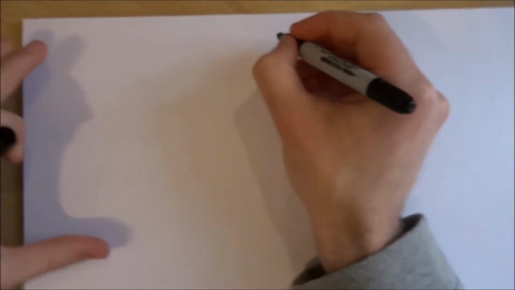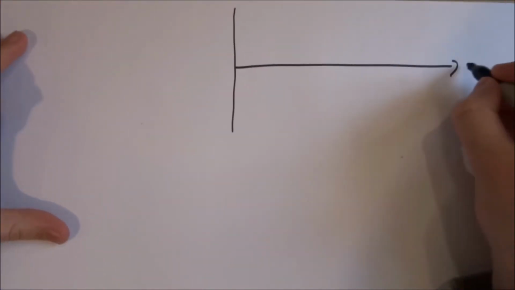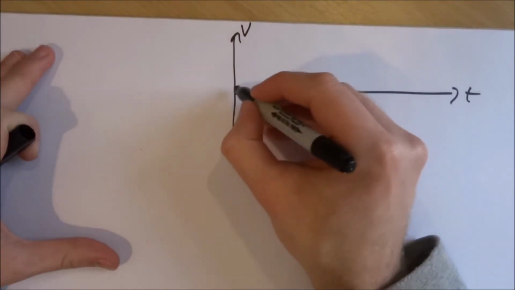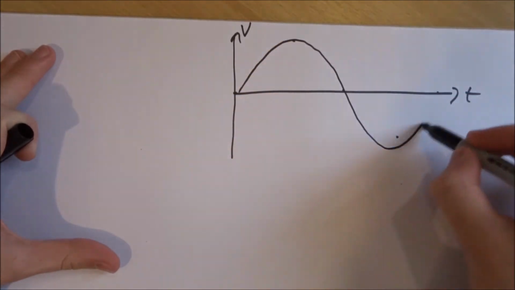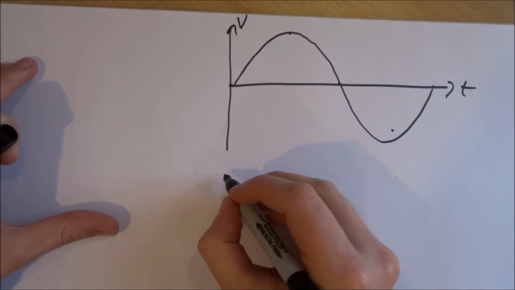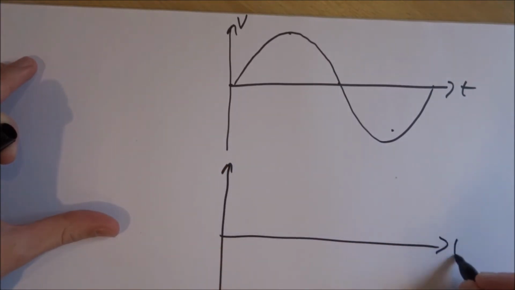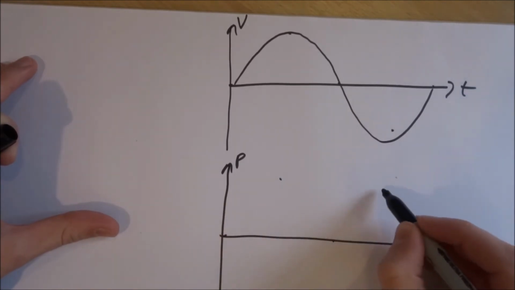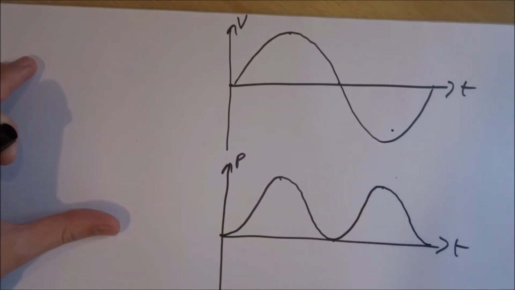If I take a sinusoidal waveform in the time axis there, and we have, say, volts going up, and I draw in a sinusoidal waveform like so, then the power associated with that is obviously the square of the voltage, which gives us an associated power waveform, which is going to look like that.